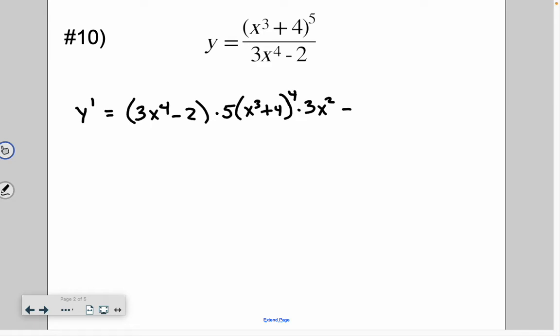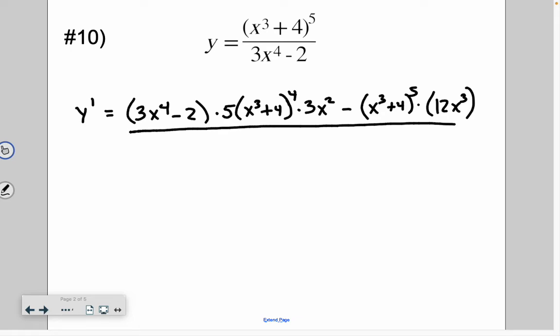Minus high d low, meaning numerator times the derivative of the denominator, which this is not a chain rule because it's not a quantity. This one would be 12x to the 3rd. All over. Remember the final part of it? All over the square of what's below, meaning just the square of whatever's in the denominator.